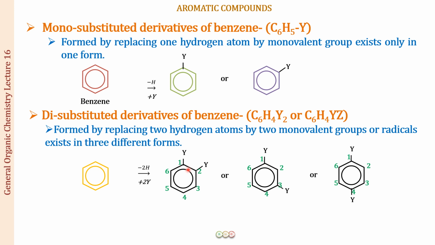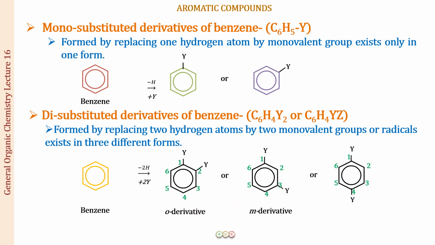So what this means is that when we have carbon number 1 to be this, and carbon number 2 to be this or this, then such structures are called the ortho derivatives, the carbon next to the carbon where you had put your first group. Alright, this is an ortho derivative.